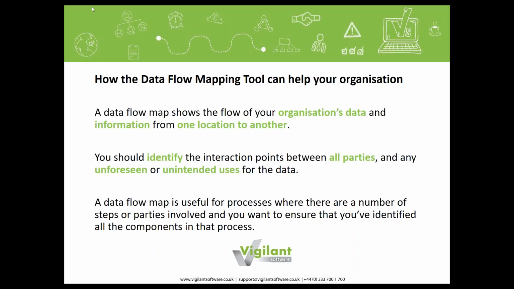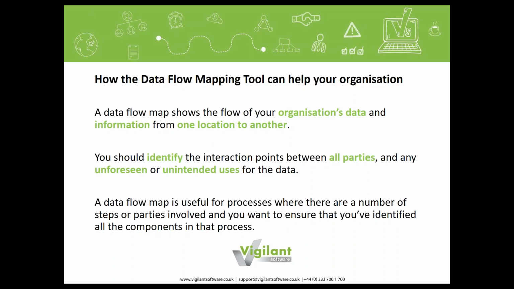So how can our data flow mapping tool help your organization? Well, as we've mentioned before, it's going to help you simplify the process of showing how personal data is moving through the processes in your organization, and how it's moving from one location to another, whether that's an asset to an asset, or perhaps you have an asset in a different country, and it's going to show that third country transfer.